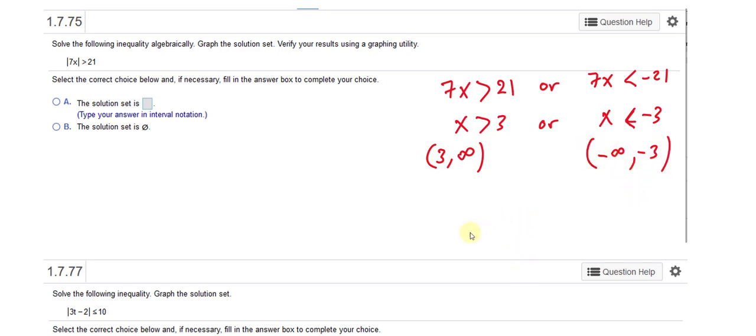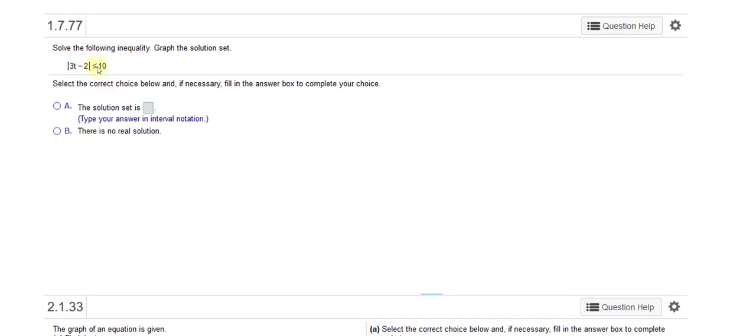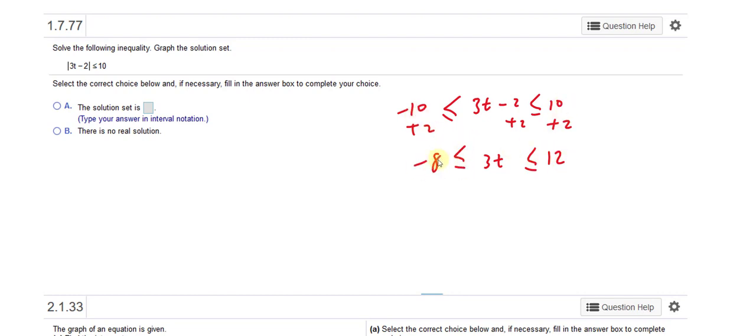Okay, and then this case is for the less than or equal to 10. So we have the expression less than or equal to 10 or bigger than or equal to minus 10. Now to solve for t, you have to add 2 on both sides. So you have 3t, 10 plus 2, 12, minus 10 plus 2, that is minus 8.